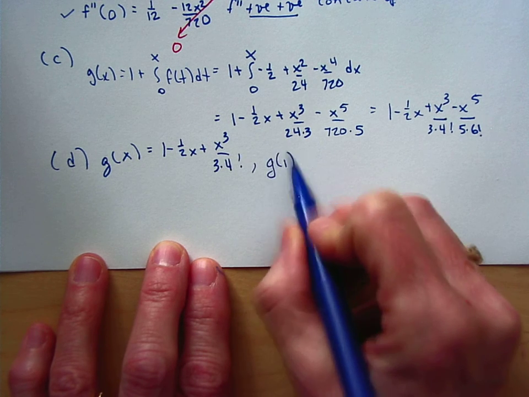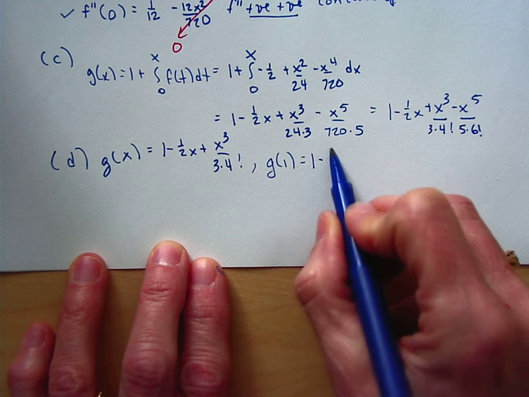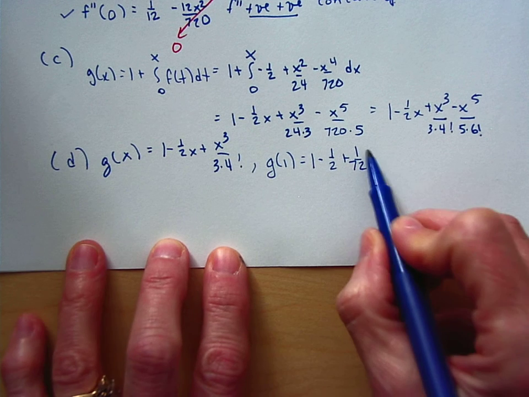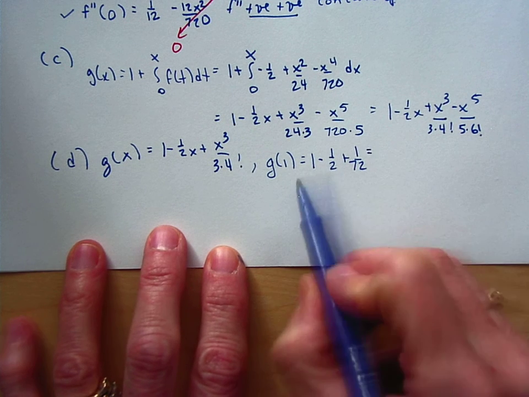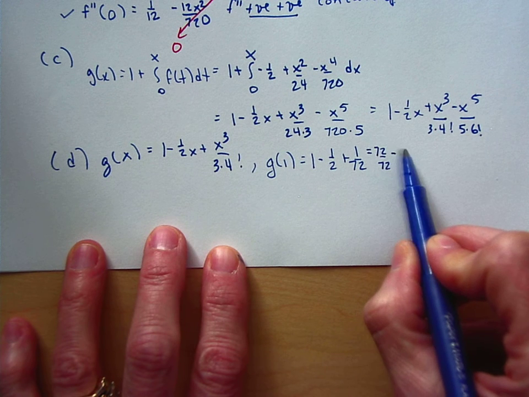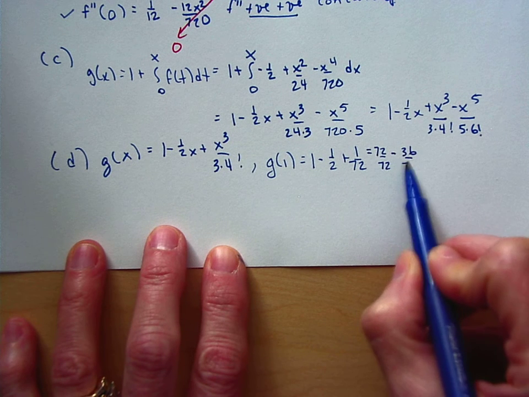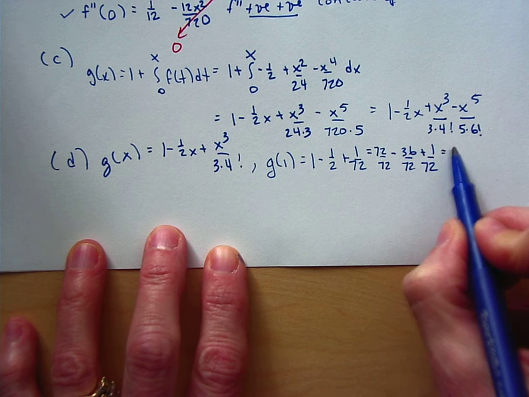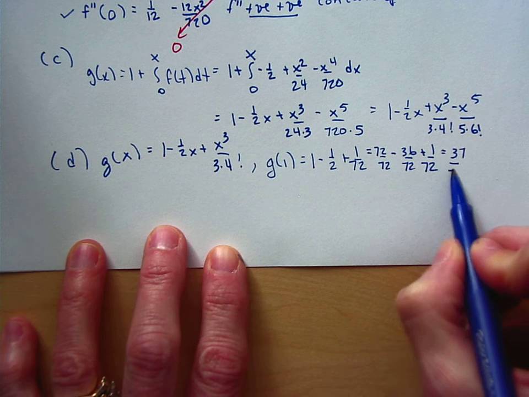Then g of 1 would be 1 minus a half plus 1 over 72. Getting common denominators of 72, I would find that g of 1 is 37 over 72.